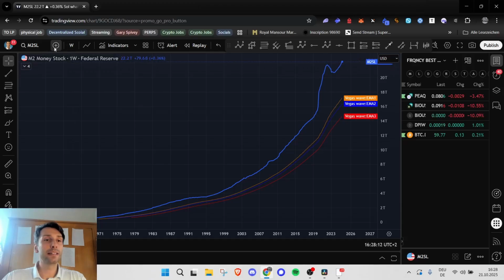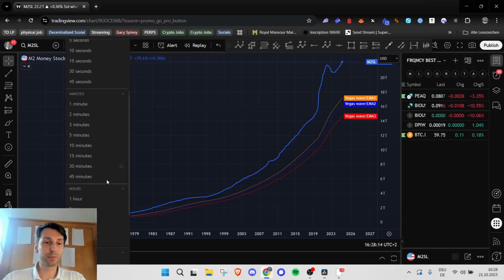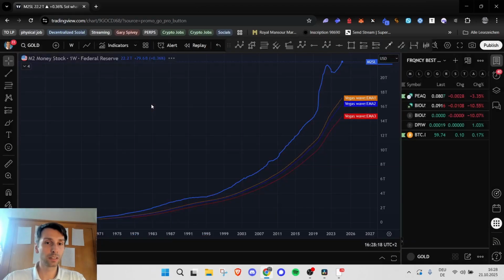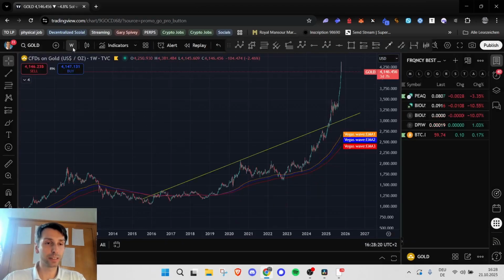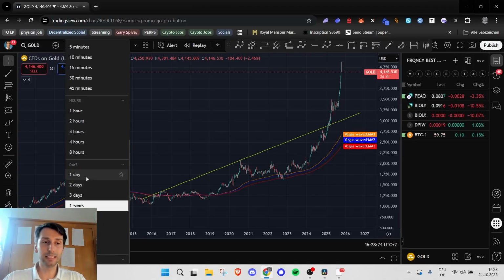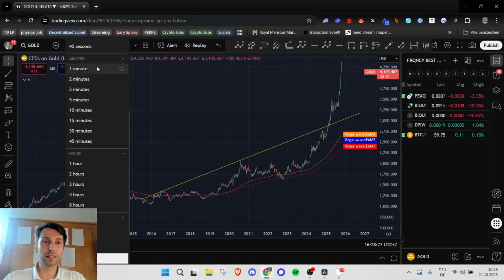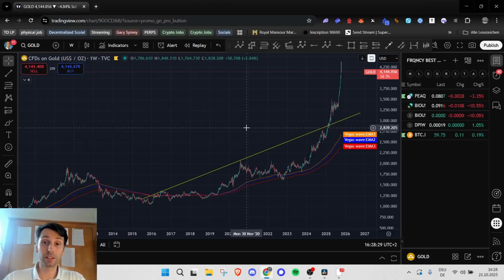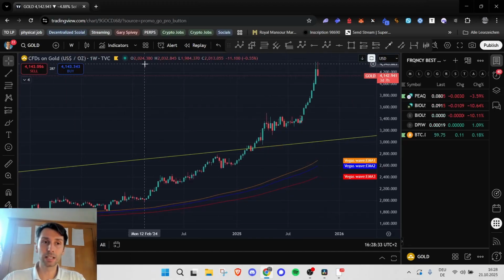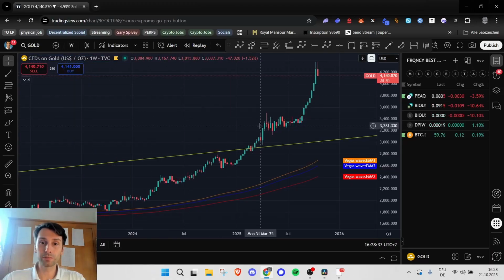Then next to it, you can see the time frame you're looking at things. For example, gold. You can look at it at the weekly, daily, hourly, and minutes time frame, which means that one of these red or green candles represents, in this case right now, 1 week, right?